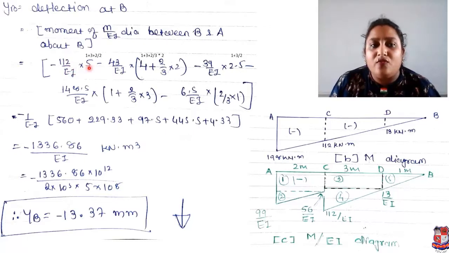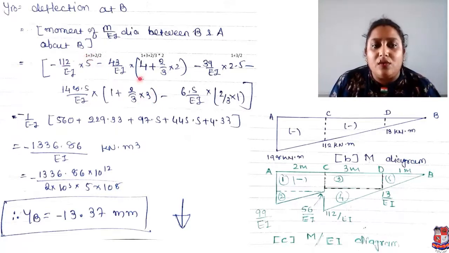Here, how did we get 5? 1 plus 3 plus 2 by 2. Here, 1 plus 3 plus 2/3 of 2. How did we get 2.5? 1 plus 3 by 2. And it is very simple: 1 plus 2/3 of 3, and here 2/3 of 1. As per that, we took the distance to the centroid.